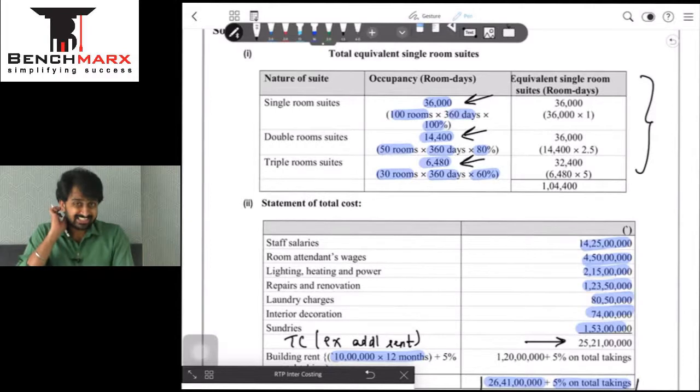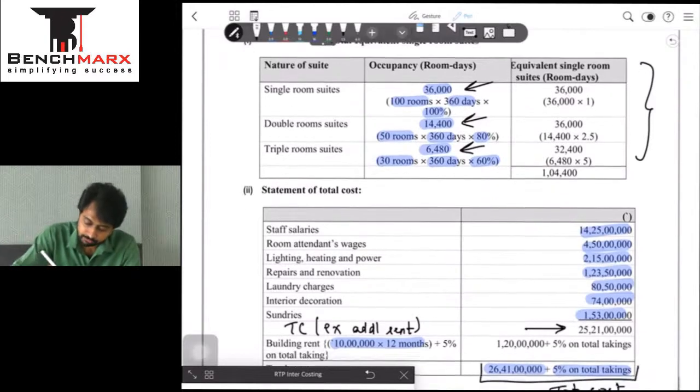Now as I mentioned, I cannot add 36,000 plus 14,400 plus 6,480. Why? Because 36,000 is single room days and 14,400 is double room days and 6,480 is triple room days. I can't add apples to oranges, so I have to convert the double rooms into single rooms and triple rooms into single rooms, so that I get total room days in equivalent single room days.